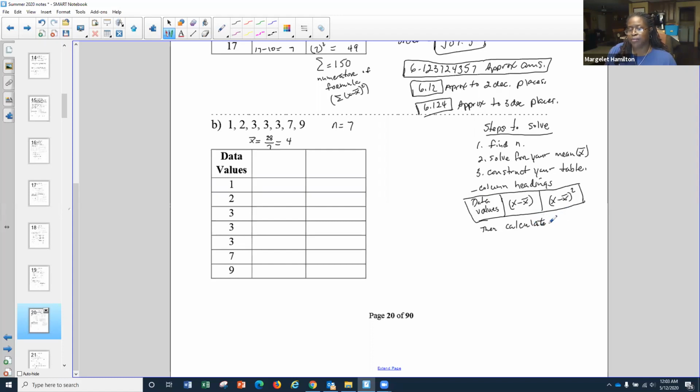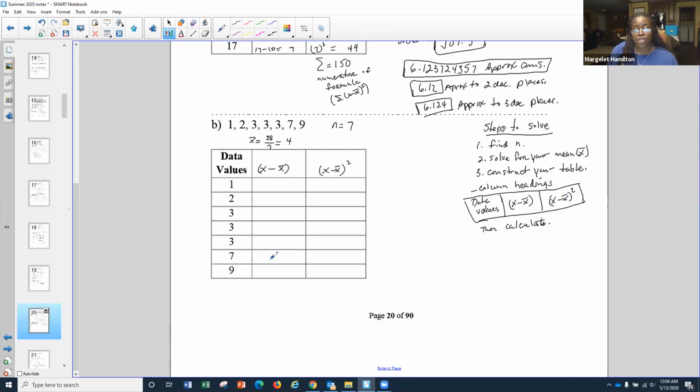Then calculate. So here we have x minus x bar, and then we have x minus x bar all squared. So if you want to write this one out, that's fine. It always usually helps to see it visually.